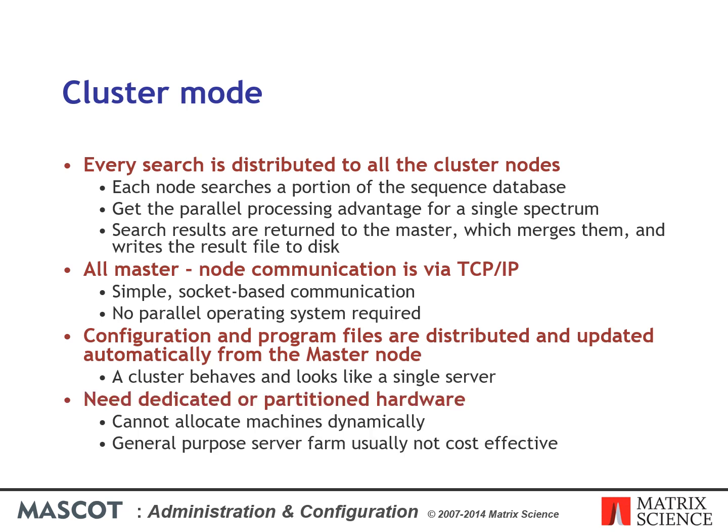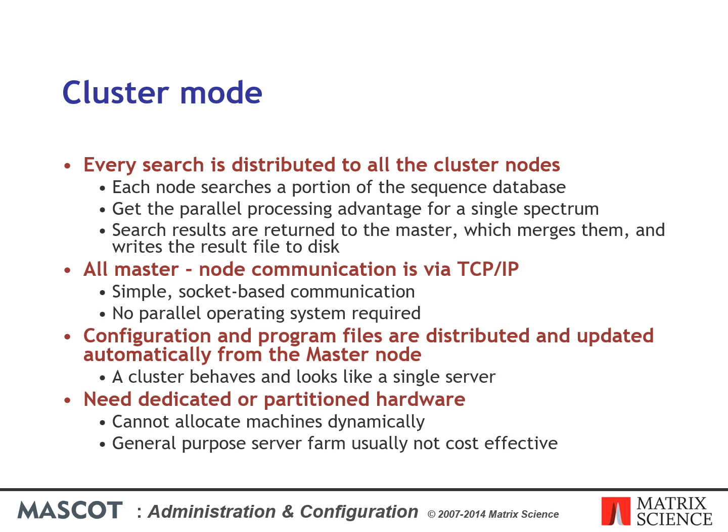Sometimes we are asked about running Mascot on a general-purpose server farm that is being used for other applications. For standard PC hardware, the cost of the Mascot license is greater than that of the hardware. For a given capacity, the lowest cost route will always be a minimum number of licenses on dedicated hardware.